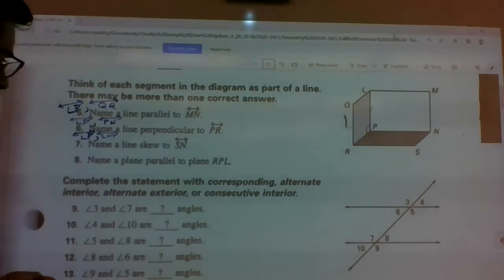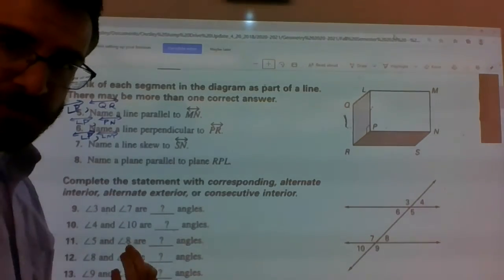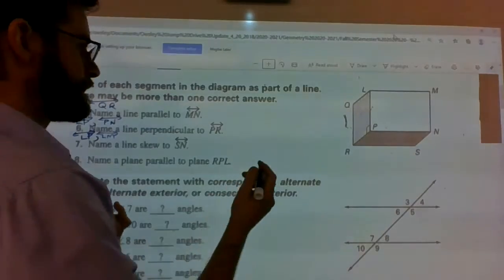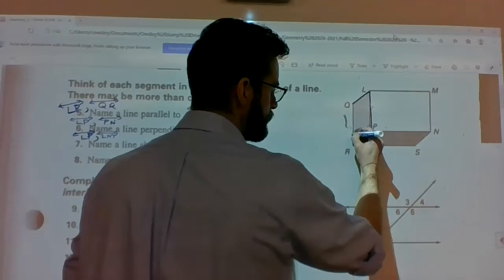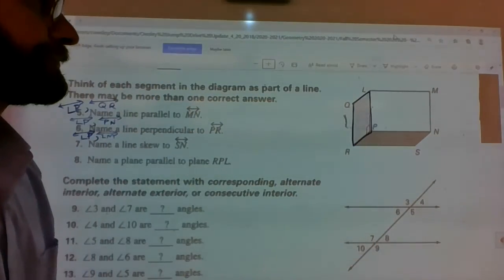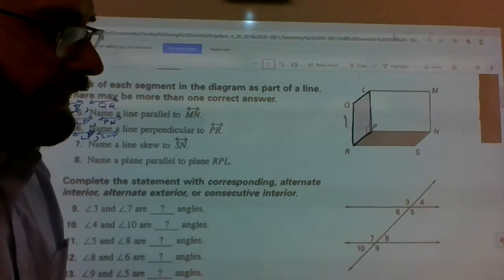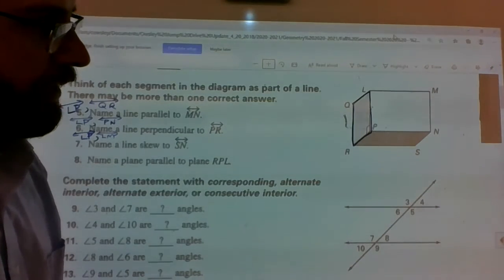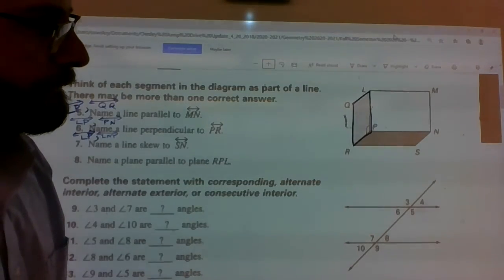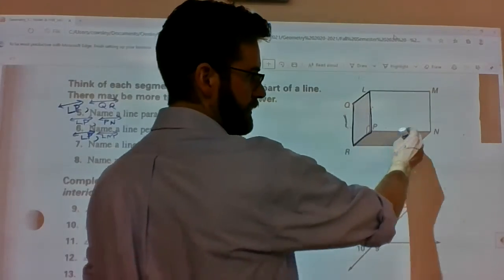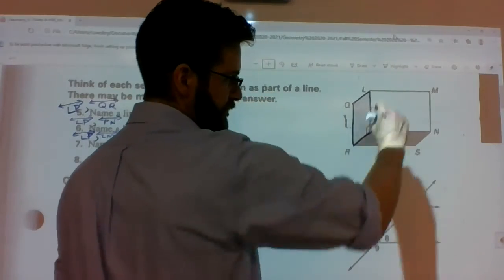All right, and then lastly, planes that are parallel, that's also a thing, so they just don't intersect. RPL is this plane right here. What would be a name for a plane that does not intersect RPL? Well, it's not this plane because it shares RP. It's not this plane because it shares PL.